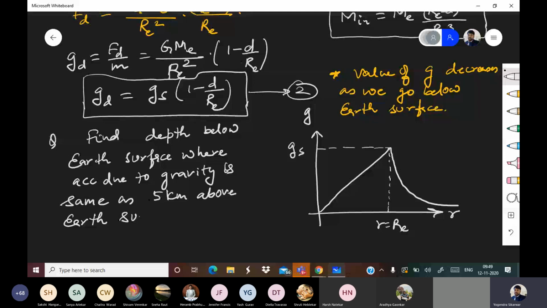So you need to find the depth at which the value of G will be the same as the value at 5 kilometer above Earth's surface. Please calculate.